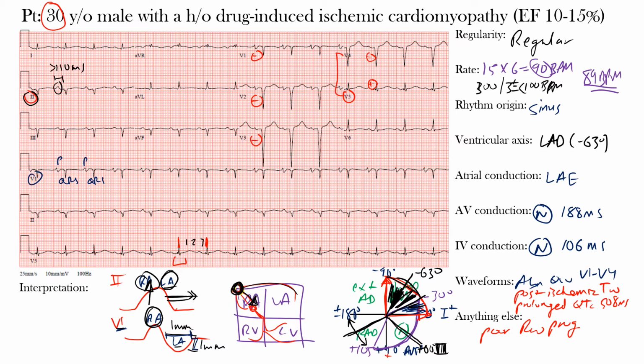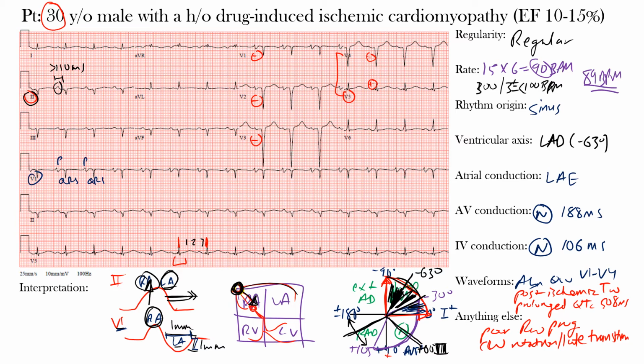Because it occurs after V4, we call this a clockwise rotation or late transition. This is not normal and may be evidence suggesting an anterior infarct. Now, one thing to keep in mind with R wave progression and transitional zone is that they're highly dependent on lead placement.